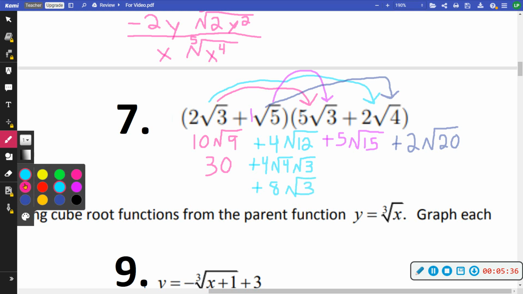And let's not forget my 30. Let's see. 15 breaks into 5 times 3. There's nothing I could do with that, so I'm just going to bring it down and write that as 5 square root of 15.